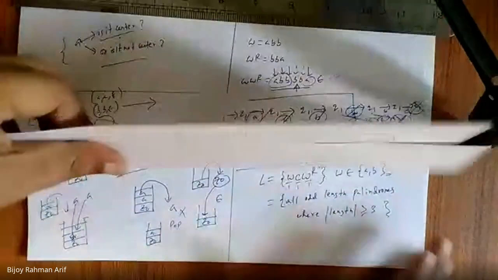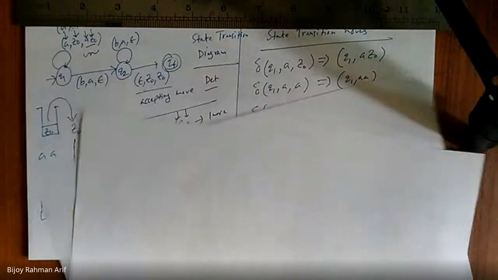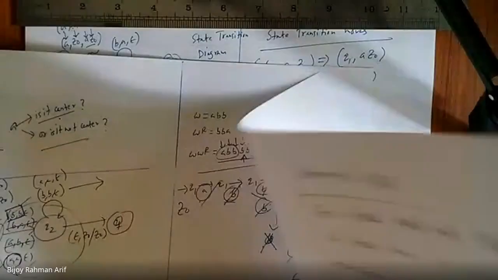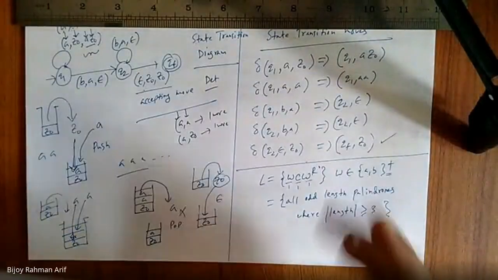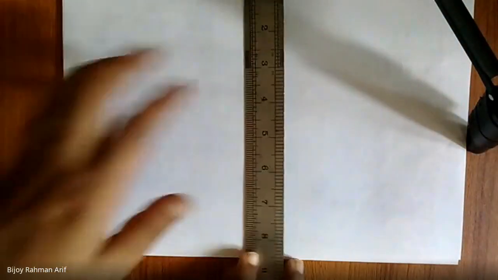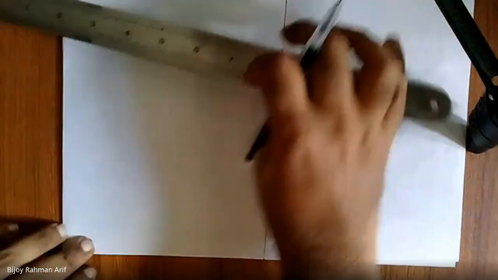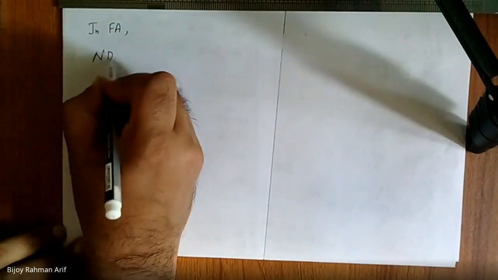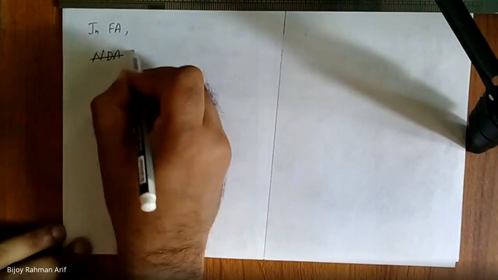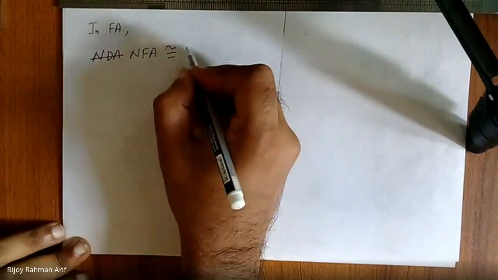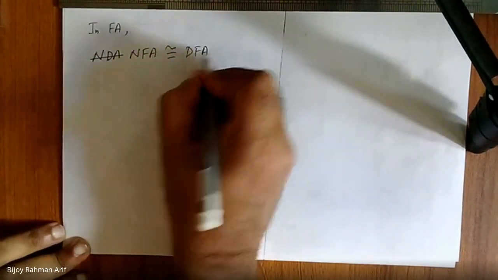Now let's see a very big question. This is the most important question. In finite automata, non-deterministic finite automata, NFA is equivalent in power to DFA. How about this?